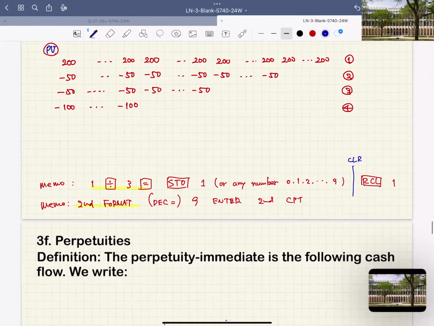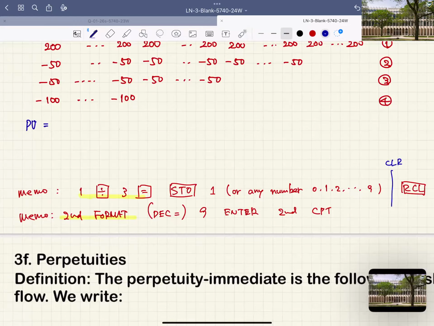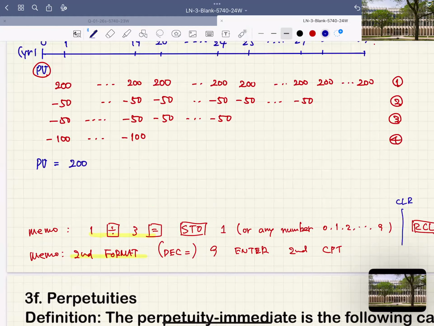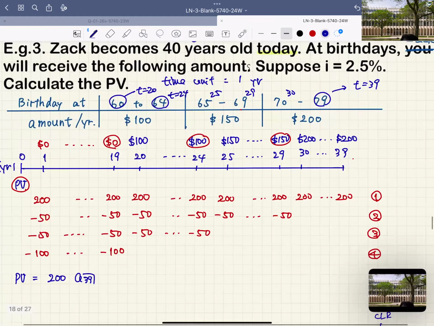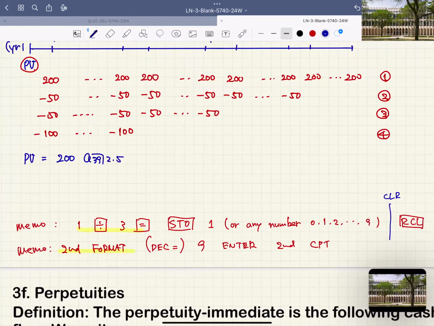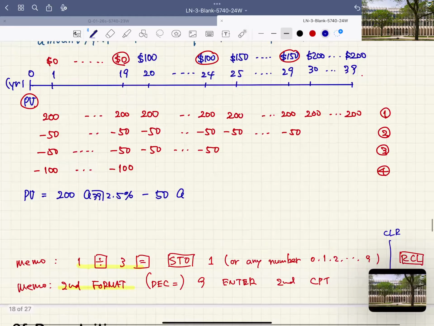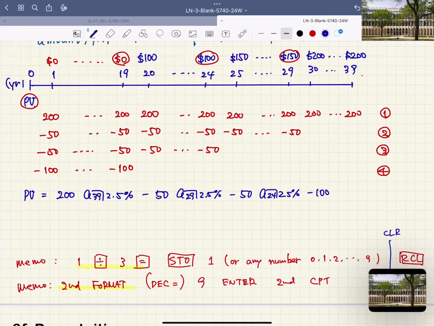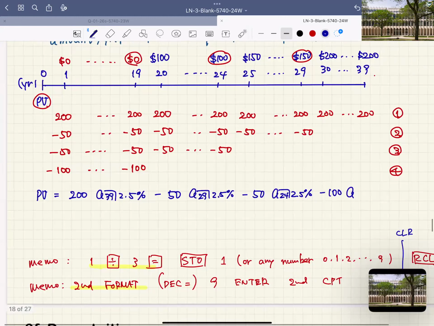So we have to calculate the present value as 200 times a angle 39 at 2.5%, minus $50 a angle 29 at 2.5%, minus 50 times a angle 24 at 2.5%, and minus 100 a angle 19 at 2.5%.